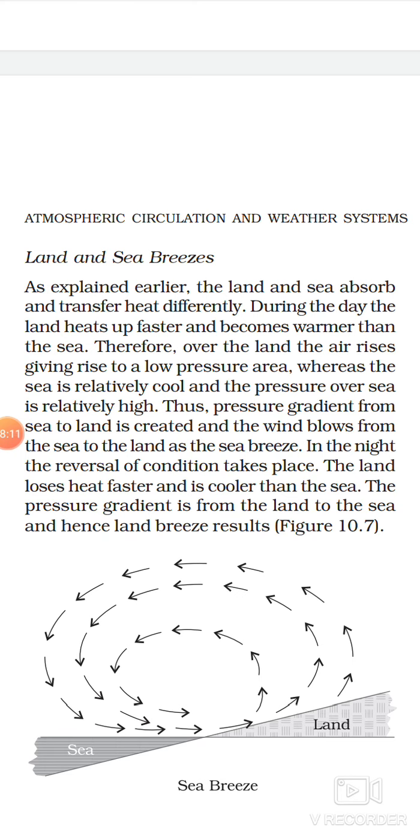Okay, because of the maximum insolation of the sun on the surface of the earth, the earth has a tendency to get heated faster than the sea.